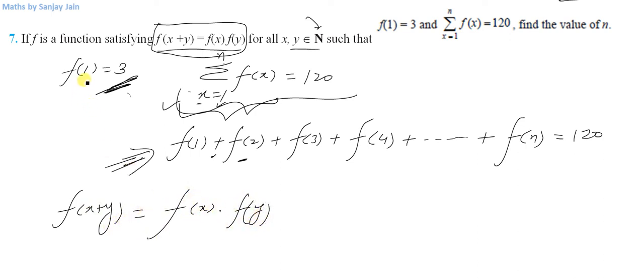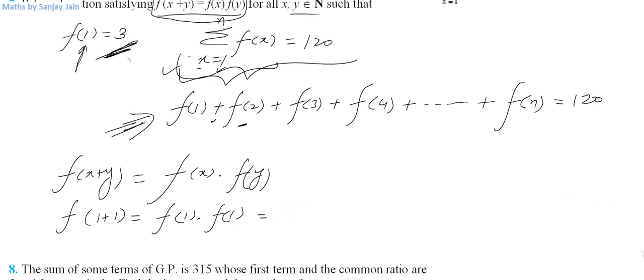So f of 1 I know is 3. How can I find f of 2? Let me put x and y both equal to 1. So that will be equal to f of 1 into f of 1, right? This is a simple aptitude problem, right? So f of 1 I know is 3. So 3 into 3, it will give me 9. F of 2 I have got equal to 9.